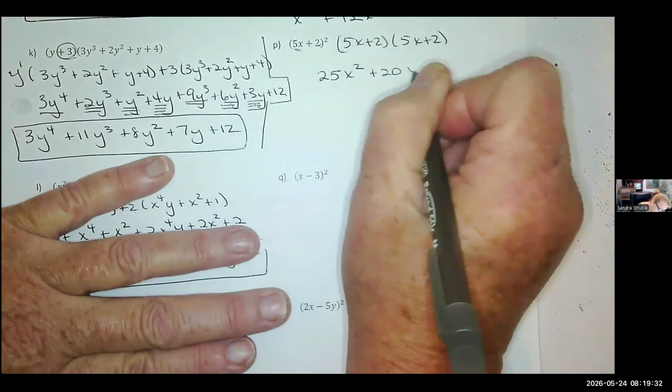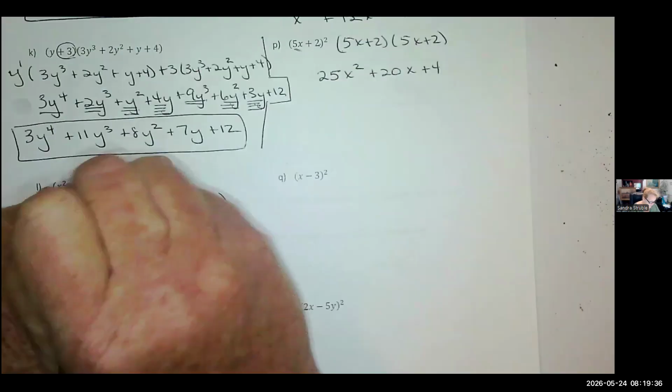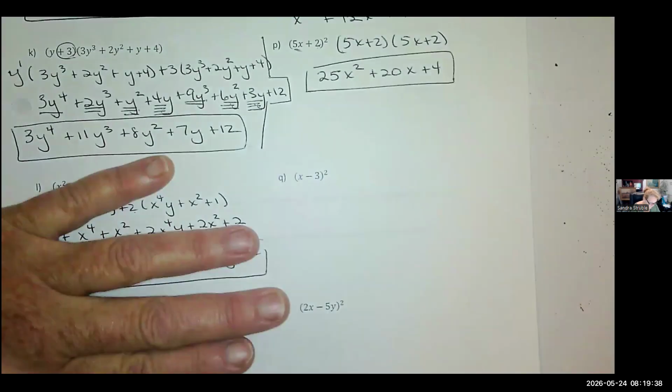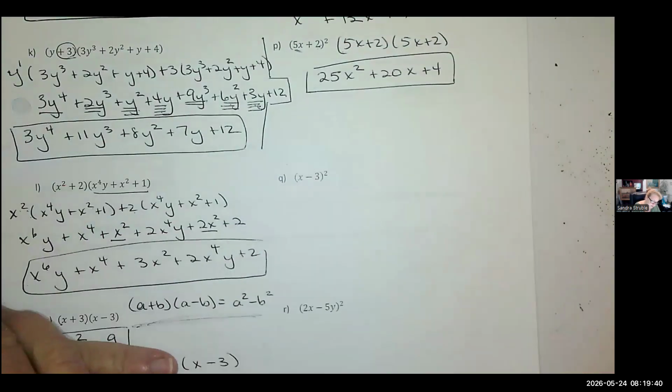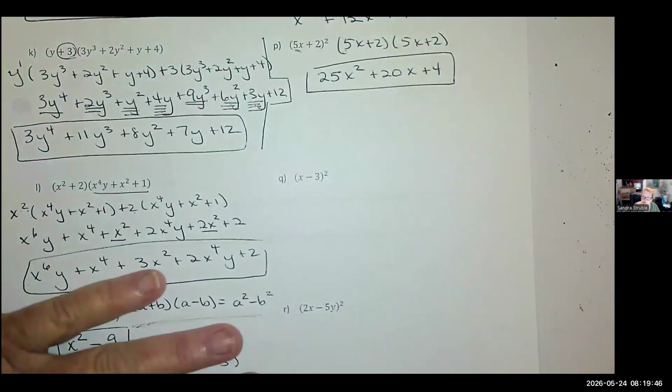And then square the last. All right. When you did your FOIL distribution, whatever, you would combine the like terms of 10x plus 10x. That's going to get you your 20x.